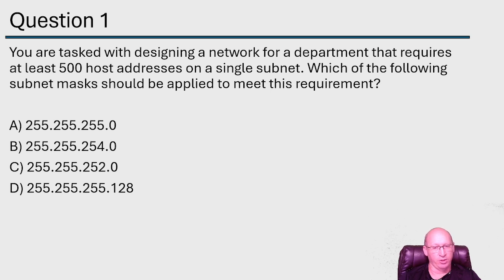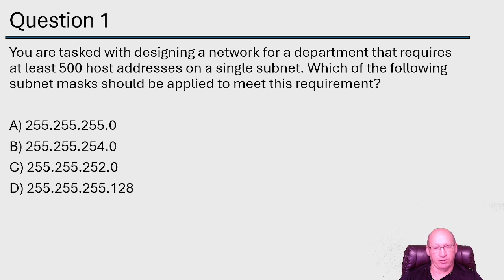So if we go through C, which is a /22 network, well, we know that one does 1022. Technically, it's 1024, but again, we need a host address, a broadcast address and a network address. So that gives us 1022. Definitely does the trick. Definitely a correct answer. But what about a /23?